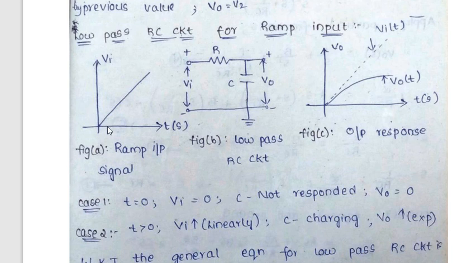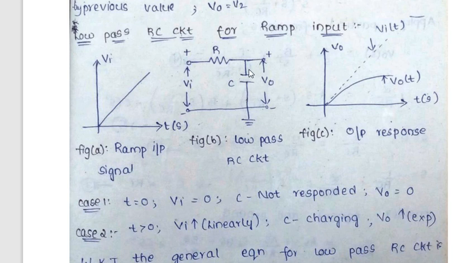In the second case, for t greater than 0, the input signal increases linearly. Whenever the input signal increases linearly, that linearly increasing signal is applied to the input of the low-pass RC circuit. At that time, the capacitor goes into the charging condition.